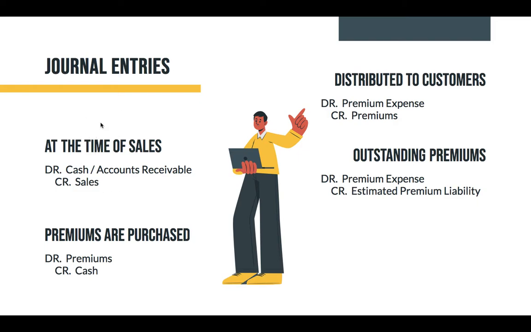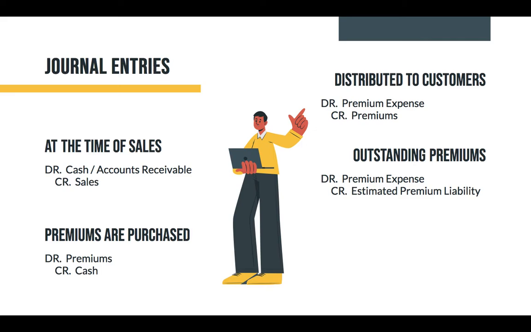This is a freebie for those customers who bought at this time. So at year end, if we still have premiums which we haven't given out to the customers, we need to record the expense now, at the end of the reporting period.